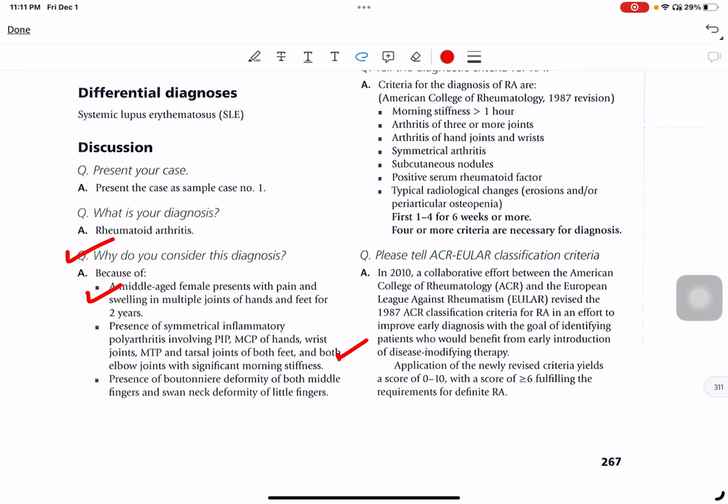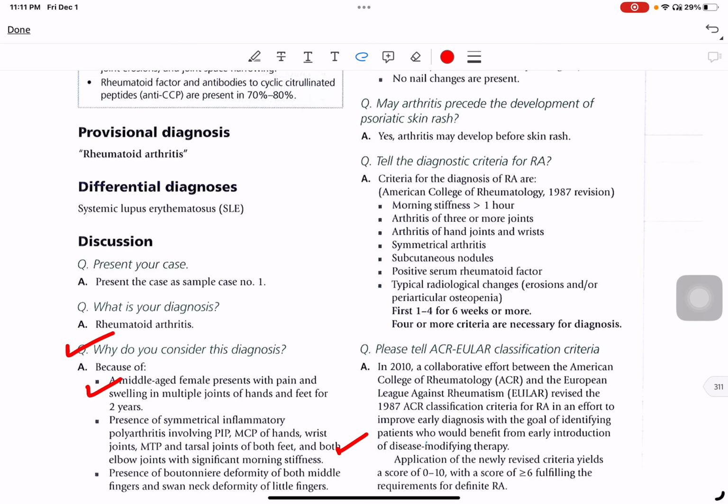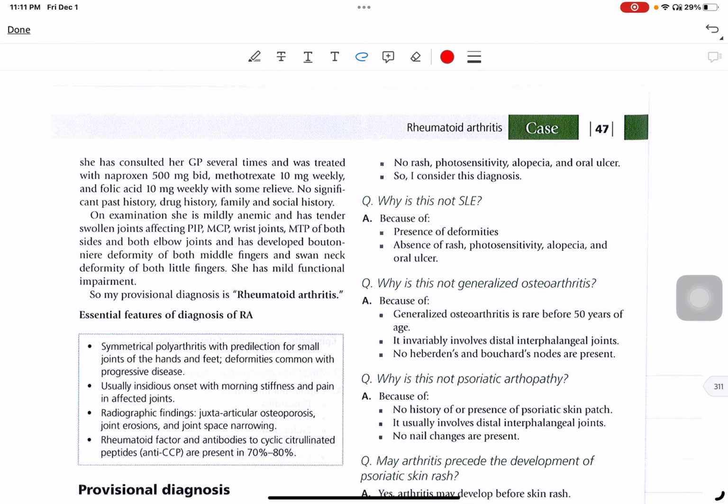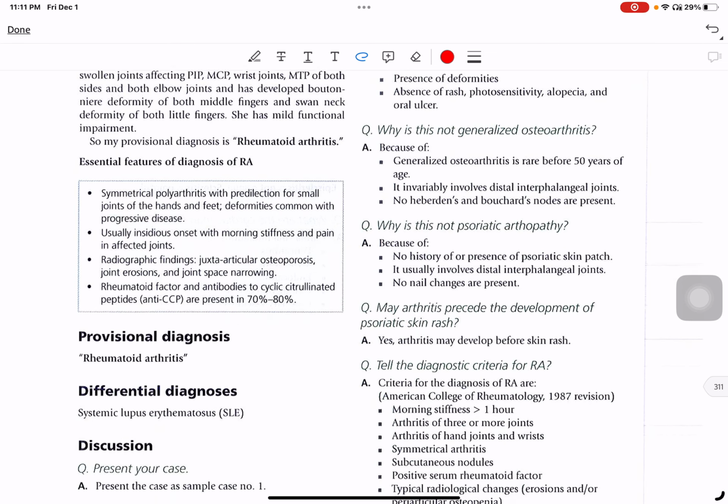We have to mention that the patient has some deformity like boutonniere deformity, swan neck deformity. So if the patient has deformity, we have to mention that. Then we have to mention whether any extra-articular features are associated with the arthritis. That should be mentioned.